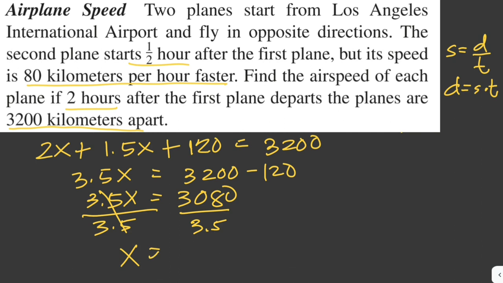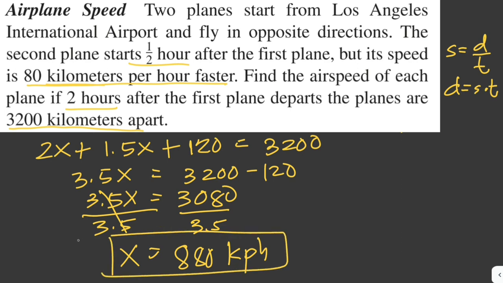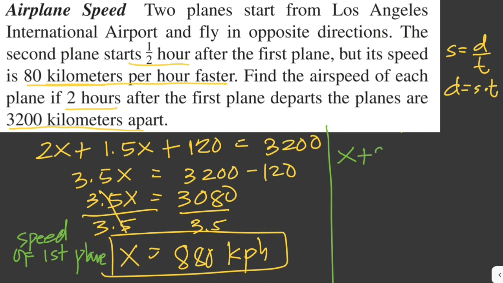Therefore, the value of x is, okay, we divide that by 3.5, 880 kilometers per hour. It's kilometers. So this is the speed of the first plane. Now the speed of the second plane is just x plus 80.